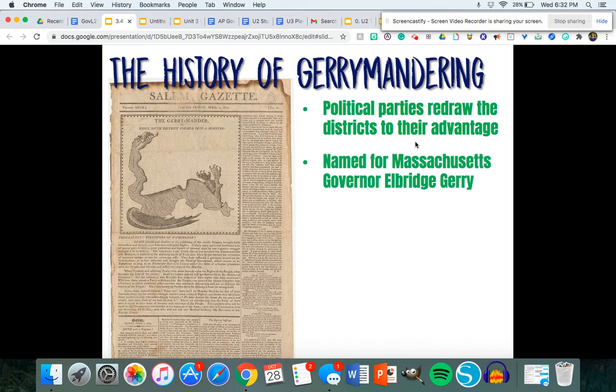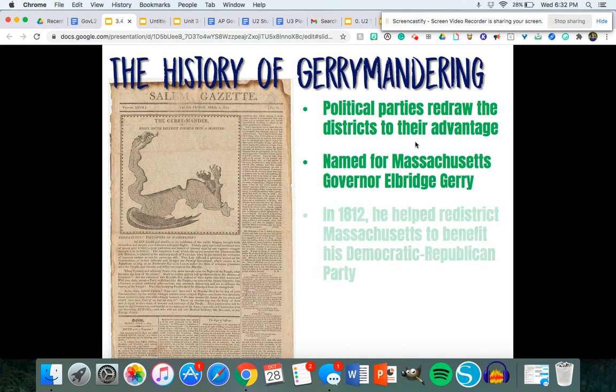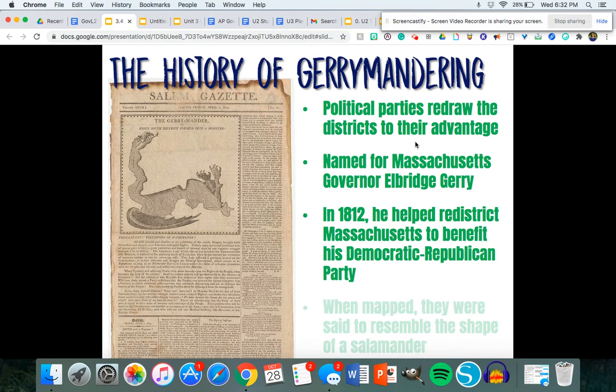And this is named for Massachusetts Governor Elbridge Gerry. In 1812, he helped to redistrict Massachusetts to benefit his Democratic Republican Party. And when it was mapped out, that redrawing was said to resemble the shape of a salamander, kind of like what you see here. And that was the picture that we saw at the very beginning.